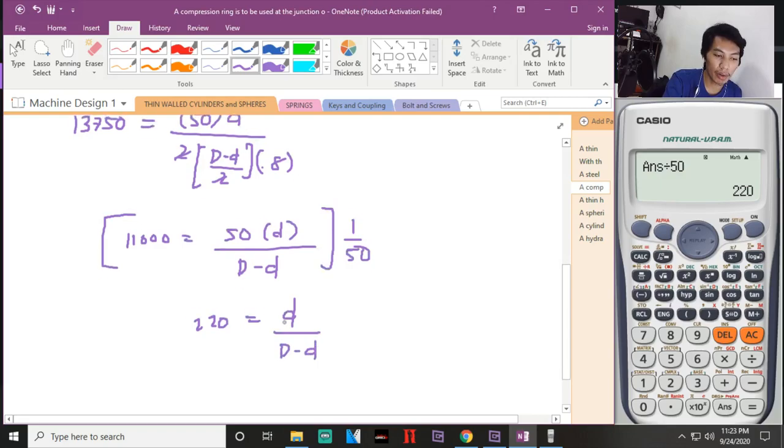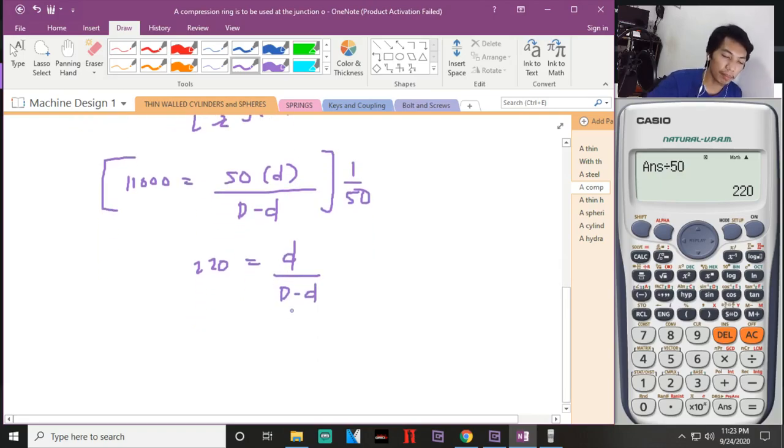Ngayon, ganito ang gagawin natin, mga kaibigan. Okay? The best way is to cross multiply. So, 220 D minus 220 d equal to d.